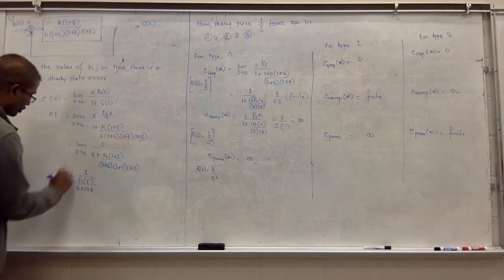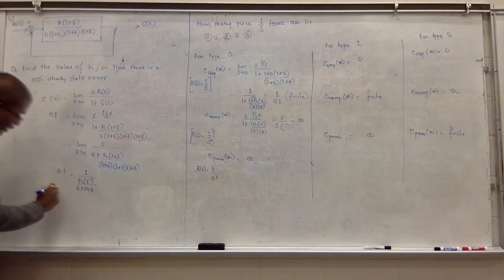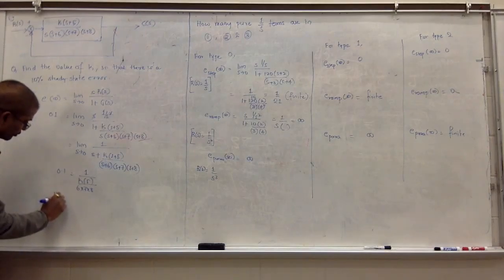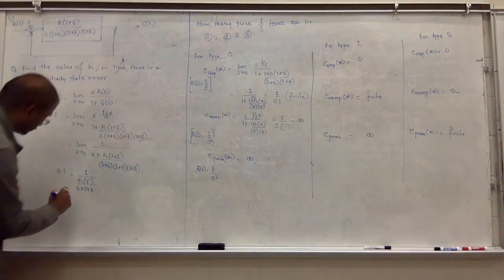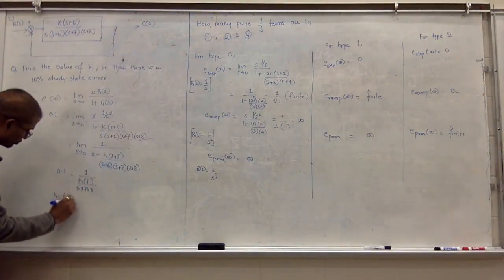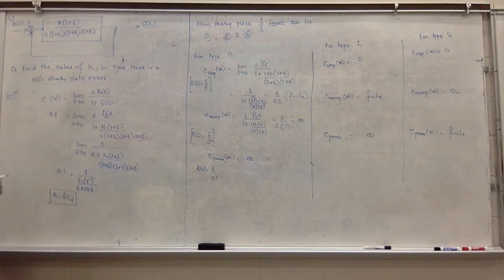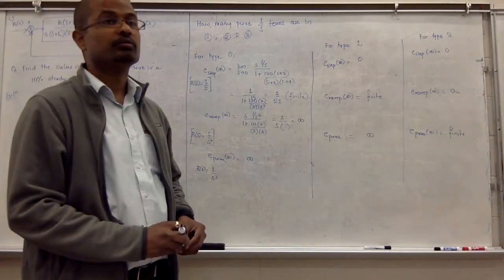This is equal to 0.1. So what is the value of K from this? K would be 672. What happened to the S's? You evaluate this. That is what it means. A limit, you evaluate at S equal to 0. So the K value of 672 will give you a 10% error.